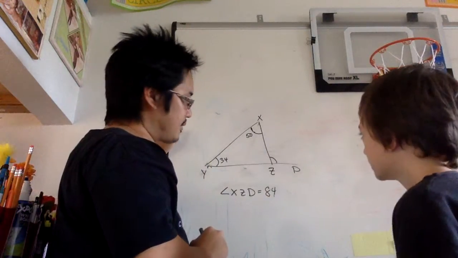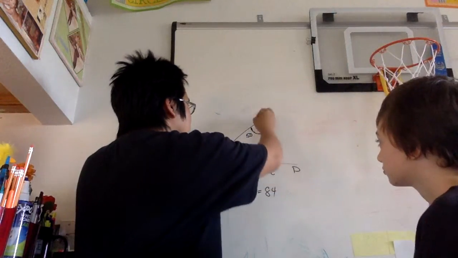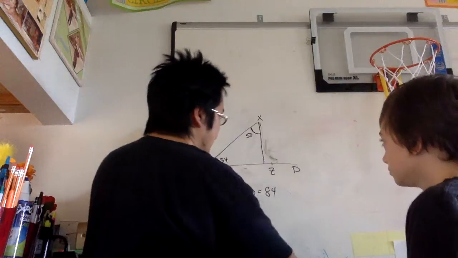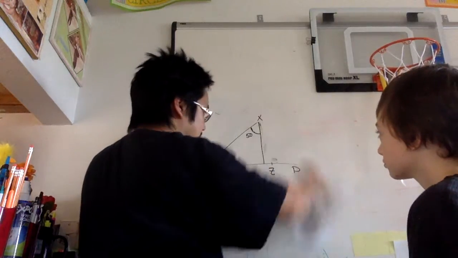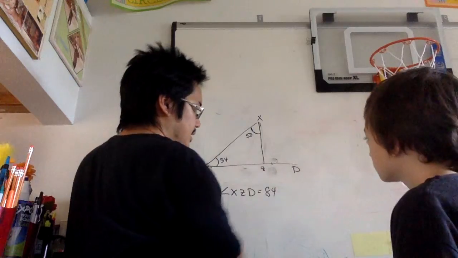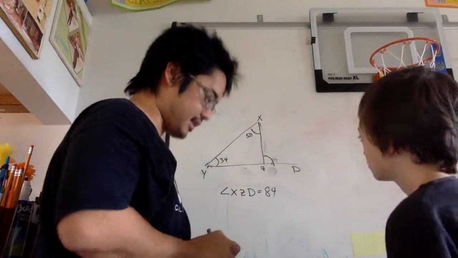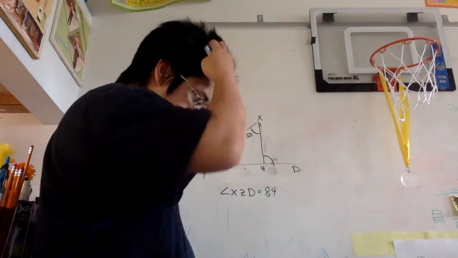Actually, maybe drawing it a little bit even less like this. So that almost looks like 90, but it's 84 degrees. See what I'm saying? This angle right here is this angle plus that angle. And that's how you get it. You cool?